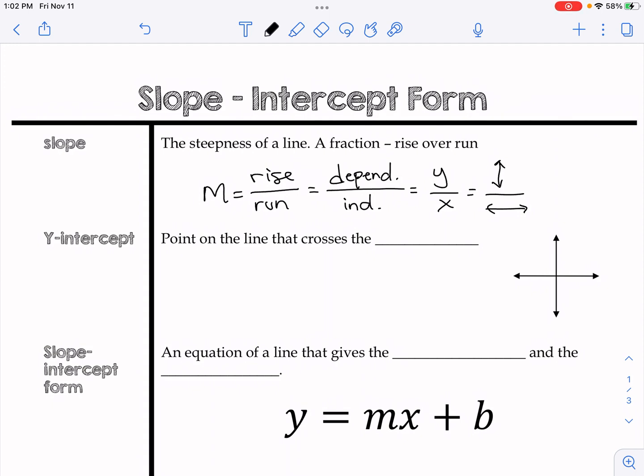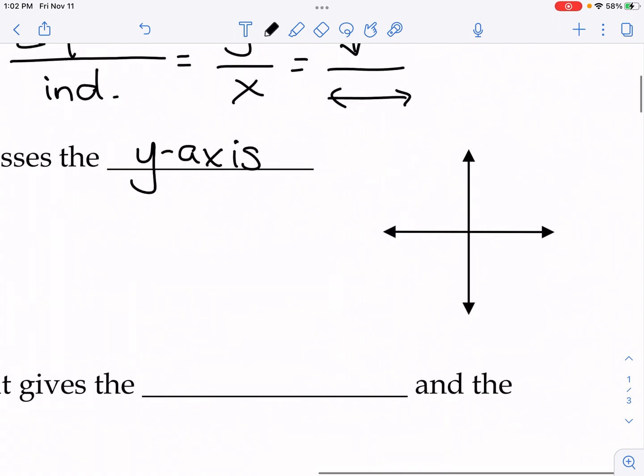Y-intercept, this is maybe more recent. The y-intercept of a line is the point on the line that crosses the y-axis. We're just going to draw an example here. If we have a coordinate plane with a y-axis and an x-axis, let me draw a line right here.